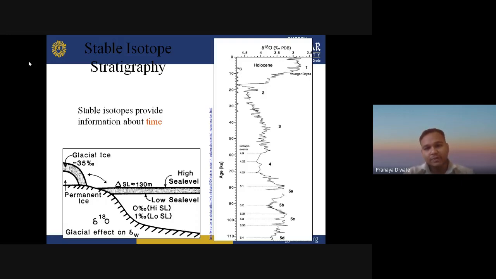So a stable isotope provides information about time, how it changes with different times. You can have different average values of the different isotopes. There is a certain range in which these mostly revolve.